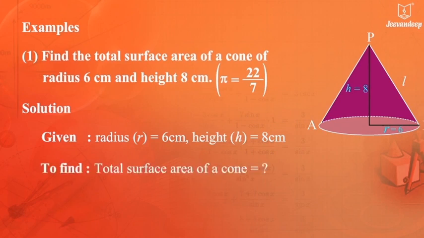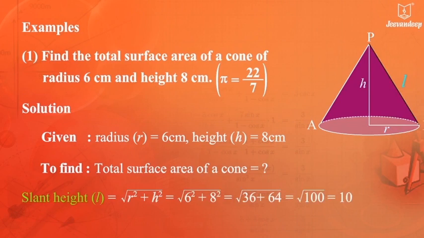To find total surface area of a cone, slant height L equals square root of r square plus h square. Putting the values of r and h in the formula, we get square root of 6 square plus 8 square equals root 100, that equals 10.